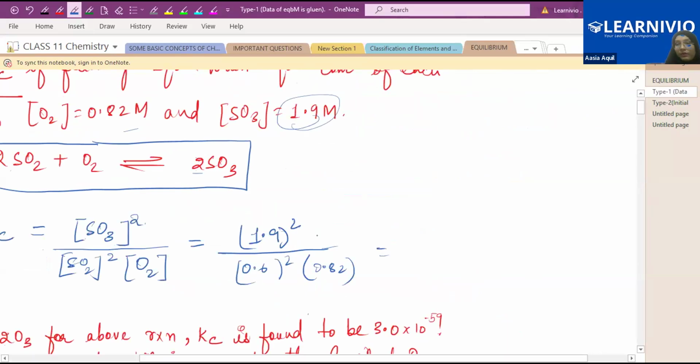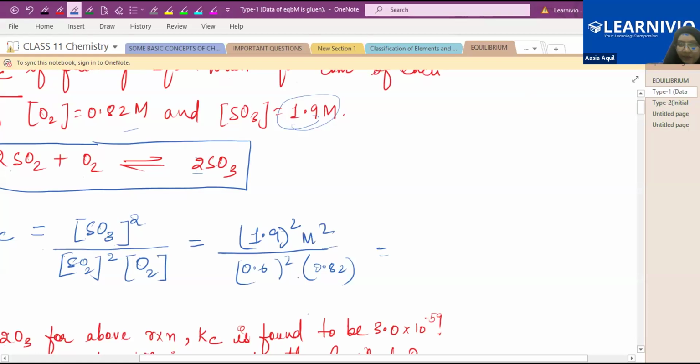And just try to write the unit also. So 1.9 squared, and its concentration is given. Yes, Sanidhi? 12.2. Yes, it's 12.2. And what is the unit, Sanidhi? So always try to write the unit also. For SO3, you will write 1.9 molar into 1.9 molar, so it will become molar squared.